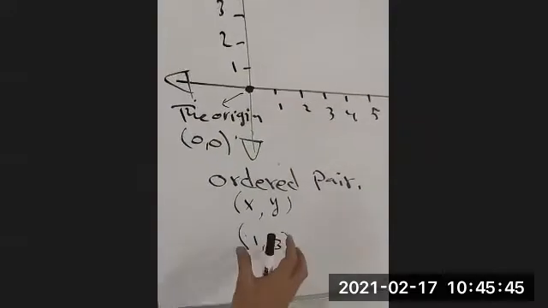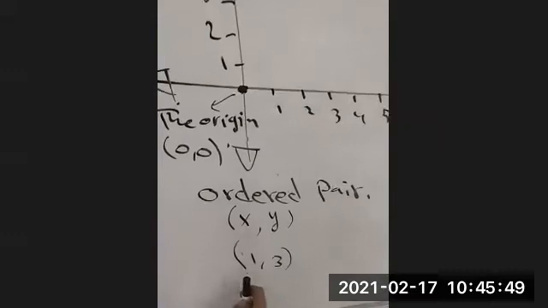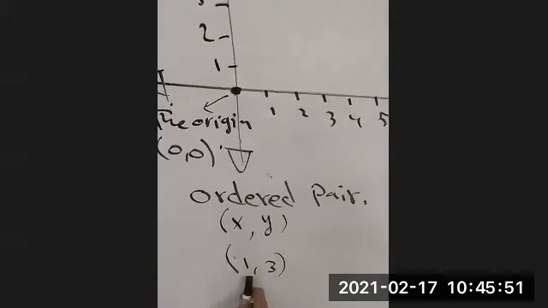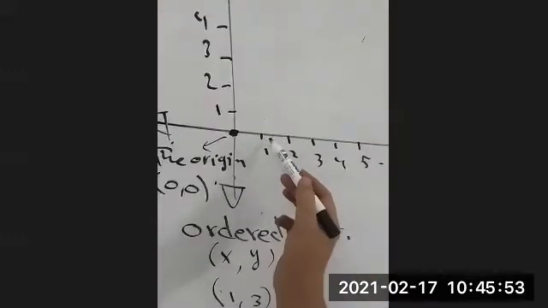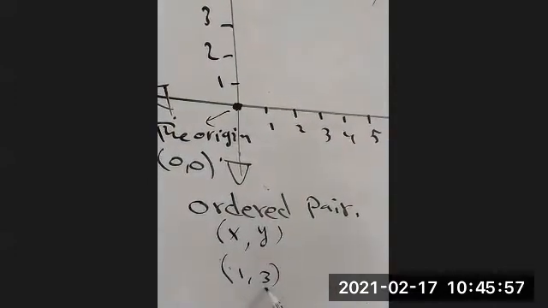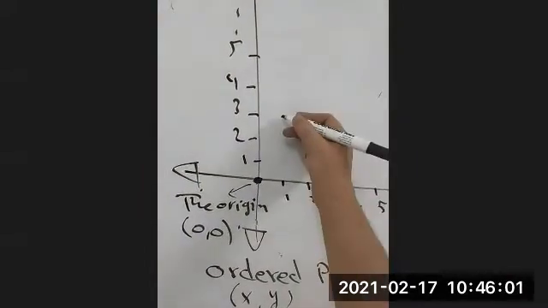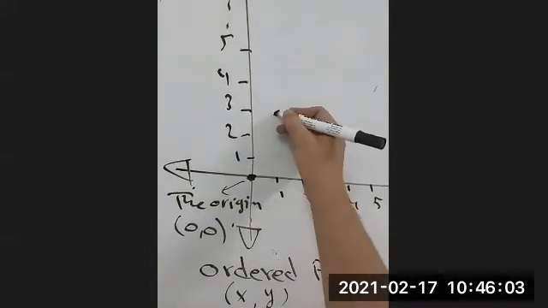Now, how do we graph this point on the coordinate plane? We go to the first number here, which is 1 on the x-axis. And I will go up until I get a 3 on the y-axis. Then I put my point here.